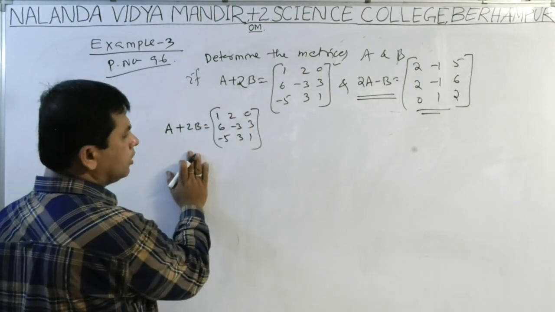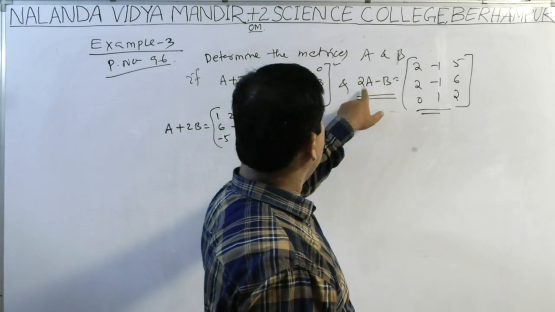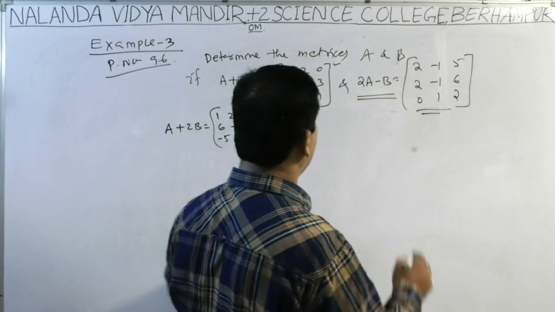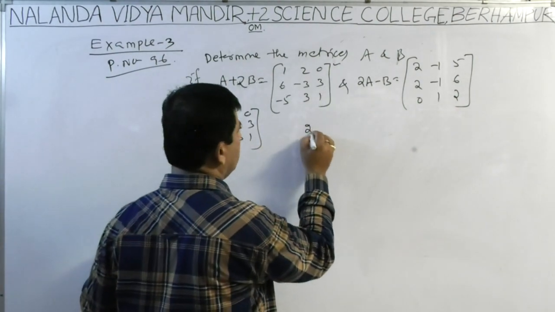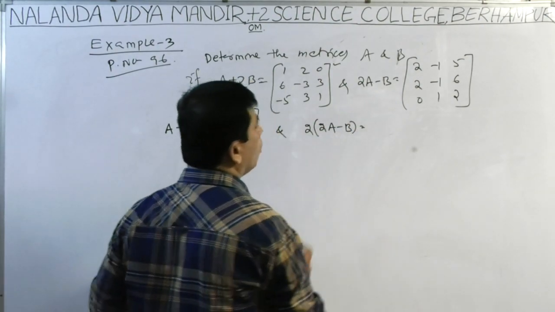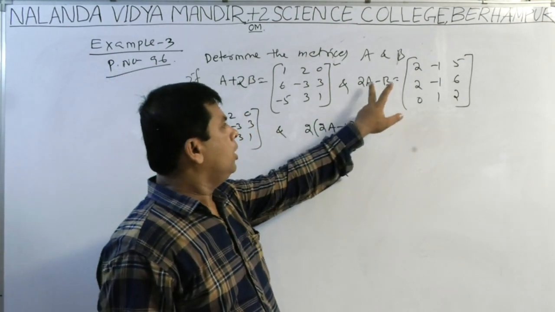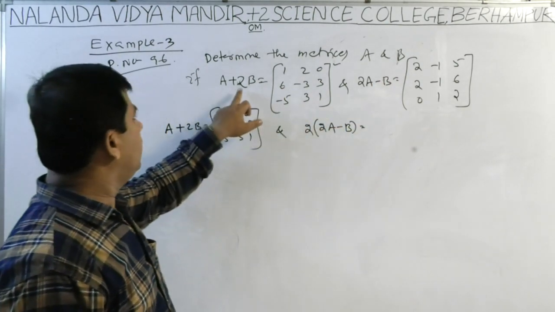And this is the A plus 2B, and in 2A minus B we can multiply both sides by the scalar 2. Why do we multiply by 2? If we multiply by 2 we get minus 2B here and plus 2B there.